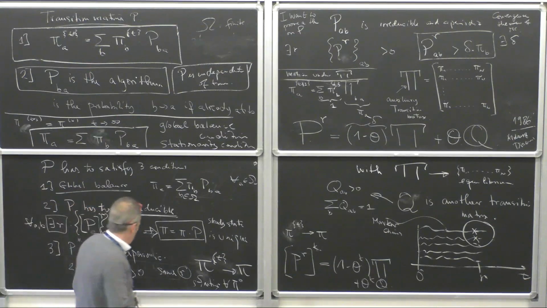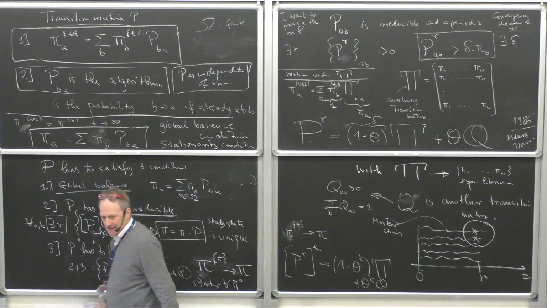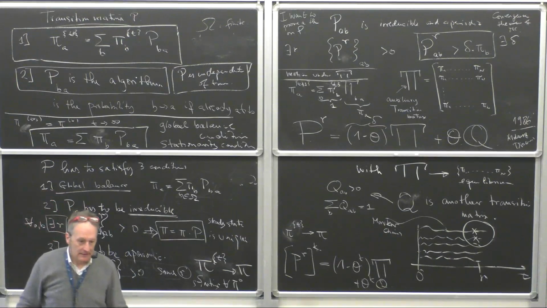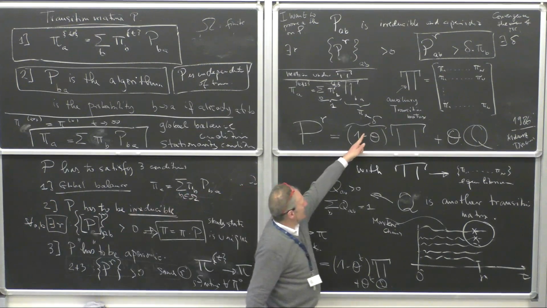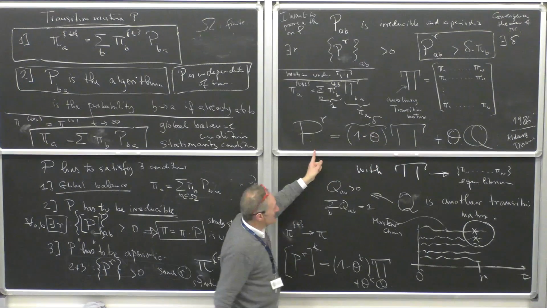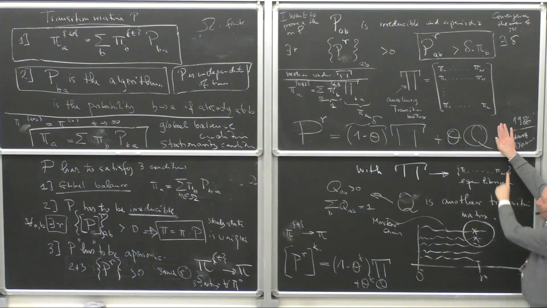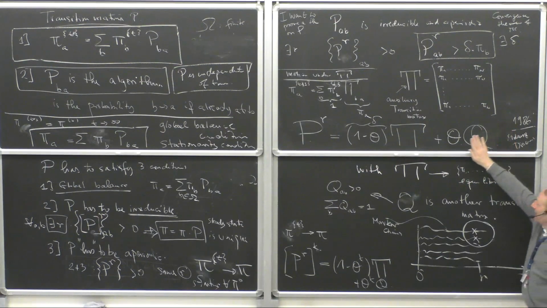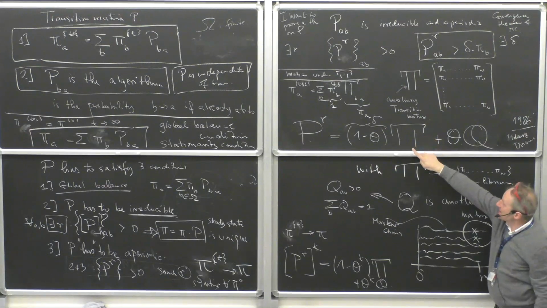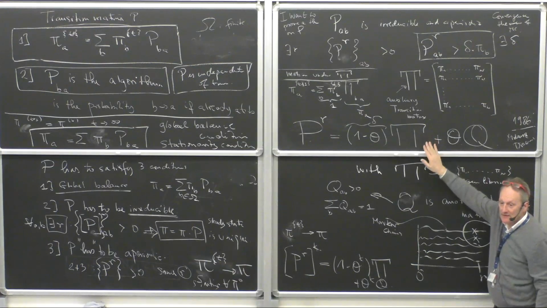So now let me continue. Yes? I'm telling you, with probability delta, I make this thing here. I'm writing this transition matrix P of R can be written as some probability, a transition matrix which gets you immediately into equilibrium.